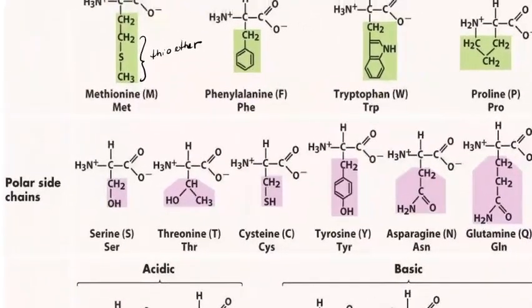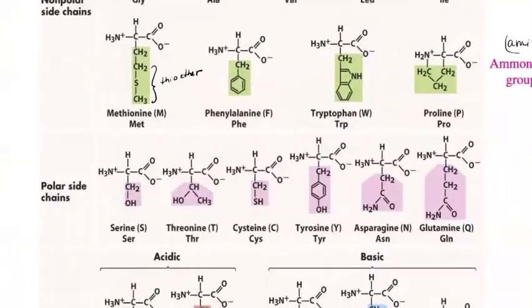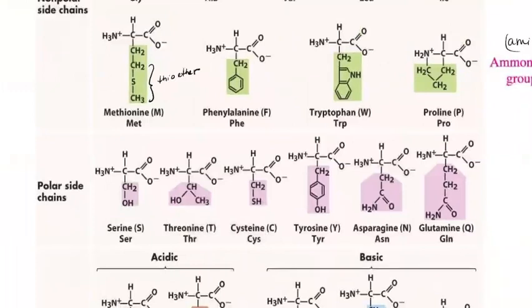Then here in pink, we have the amino acids that are considered polar side chains. So if the nonpolar are hydrophobic, then the amino acids with a polar side chain are going to be hydrophilic. Okay?